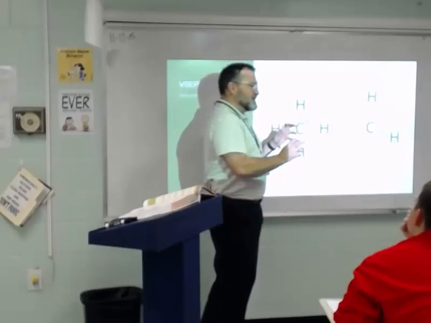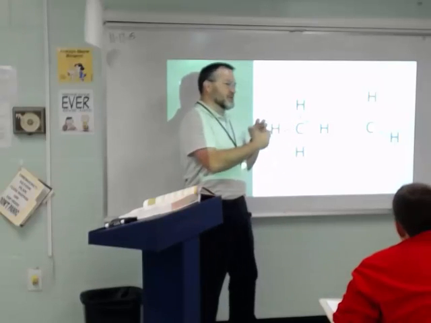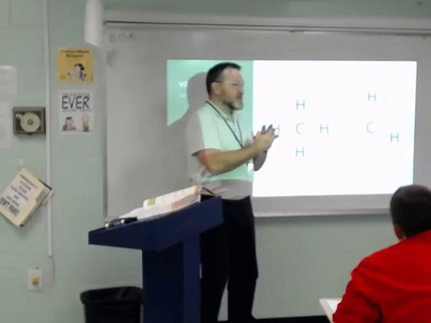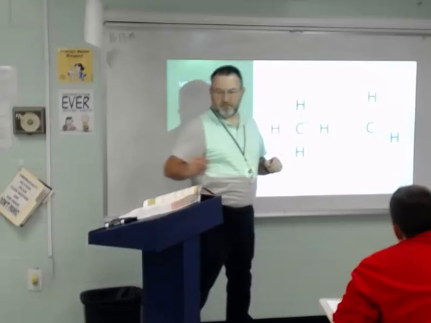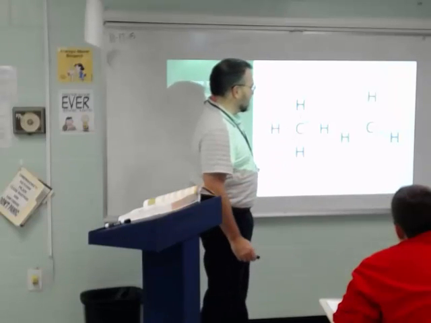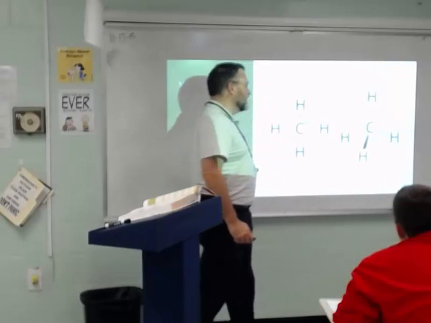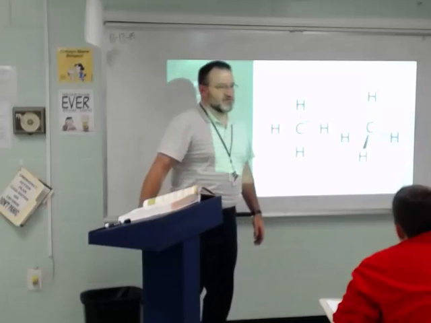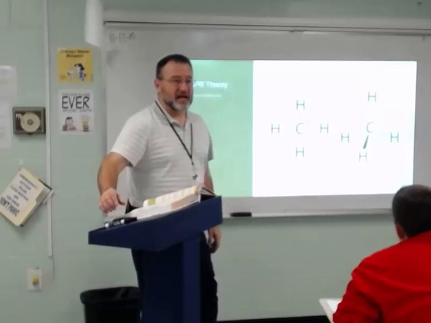When we take a 2-dimensional picture and we move to a 3-dimensional picture, and we make those things be as far apart as possible, the angle is no longer 90 degrees. It's actually going to come back to be, let me draw it up for you, 109 degrees. 109 degrees.